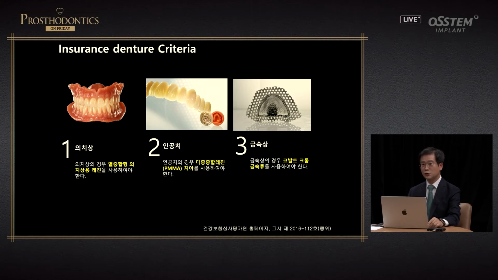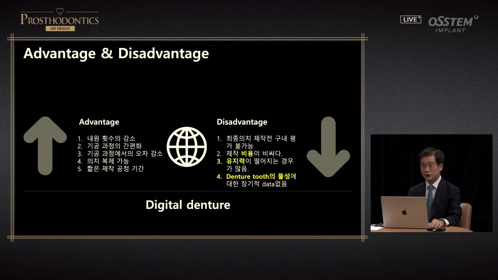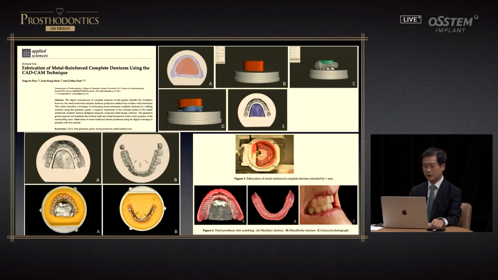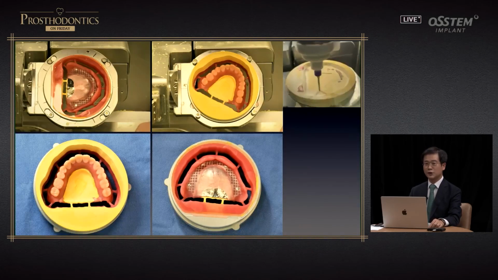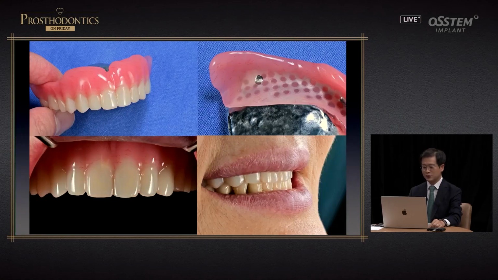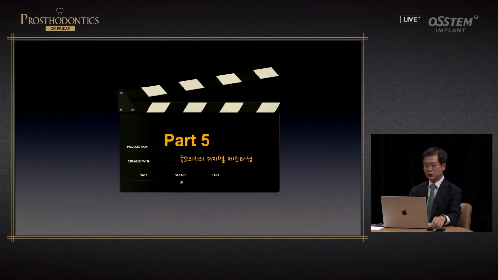But with the insurance denture that they prefer in Korea, the ones that use metals, and to process it digitally, we also think metal is a better option. So in our research team, we create full dentures with metal materials, and we also researched this and put our results in journals.